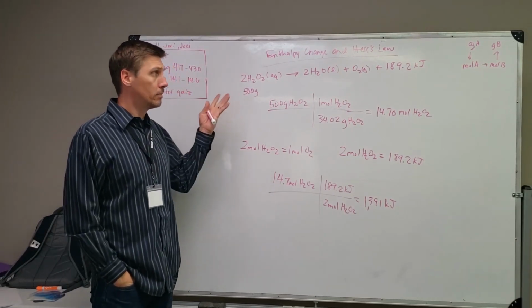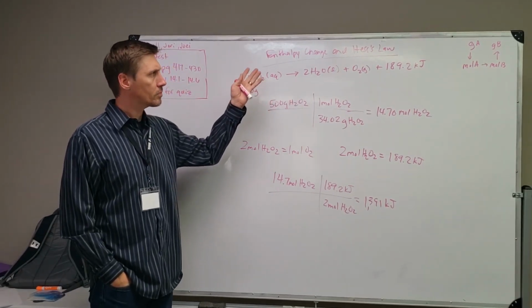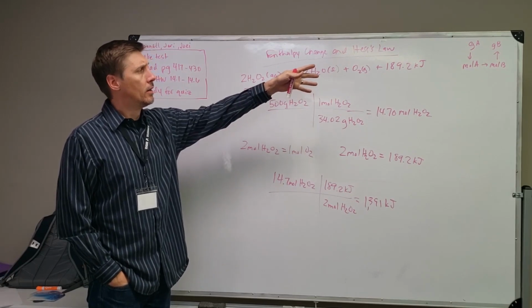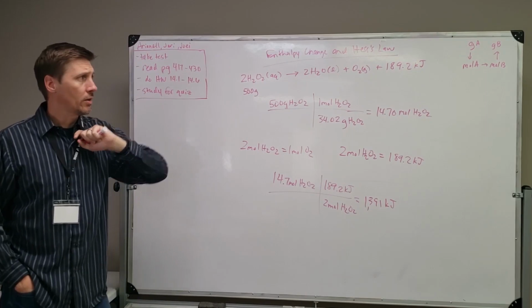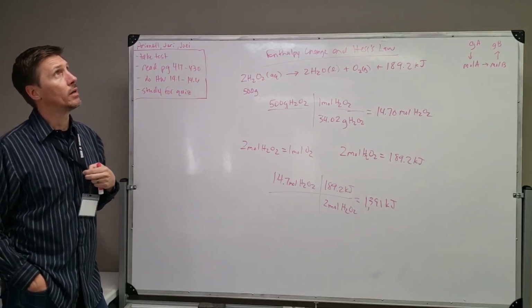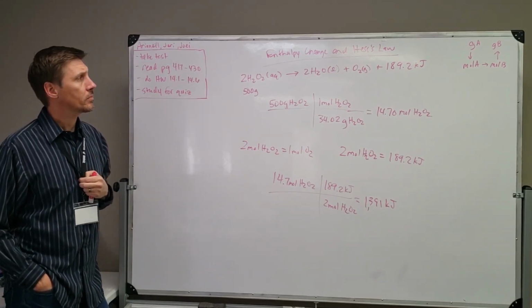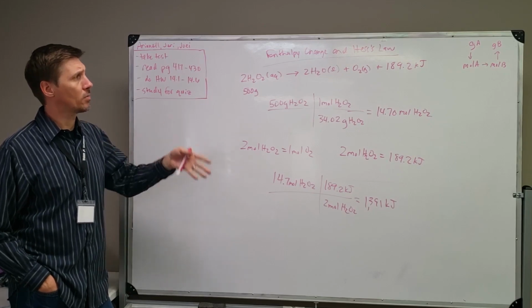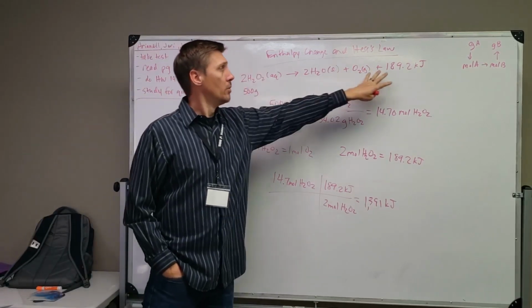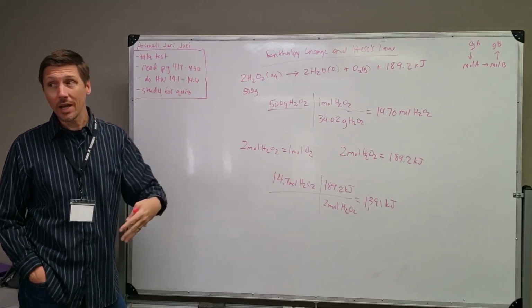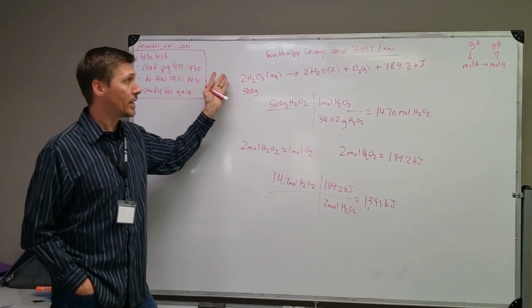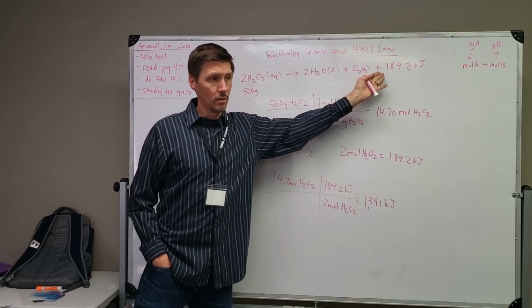So the first step, you calculate the energy using the standard enthalpy of formation. And then based on whether it's got a negative sign or a positive, we did that in the last problem. We found it to be negative 189.2. Then based on whether it's positive or negative, we decide if we're going to put it on the reactant side or the product side.